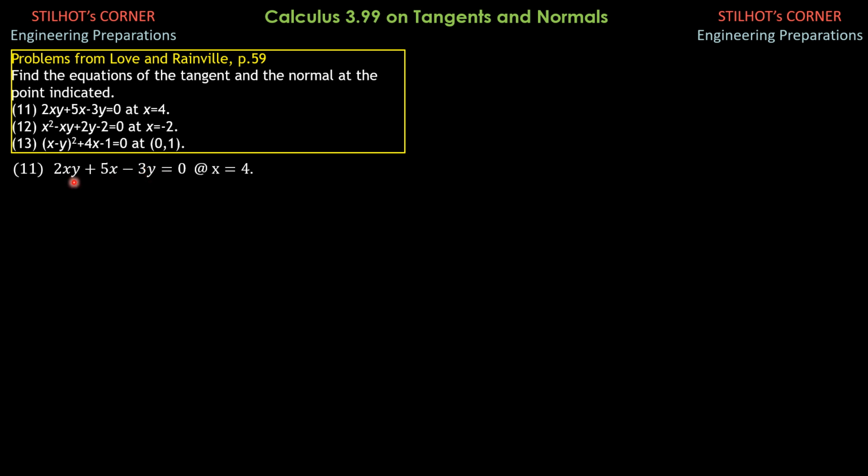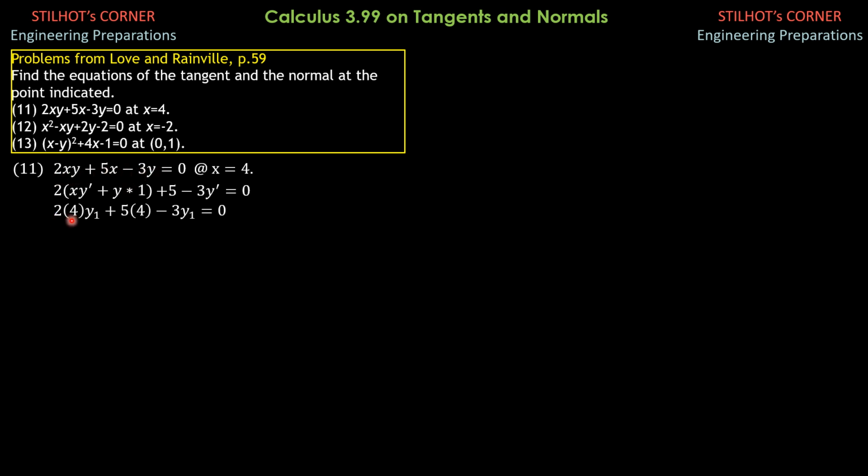Then we differentiate this. This is a product. So 2 times quantity x y prime plus y times 1, then plus derivative of 5x, minus 3y prime equals 0. Let's solve for y1 from the given equation.